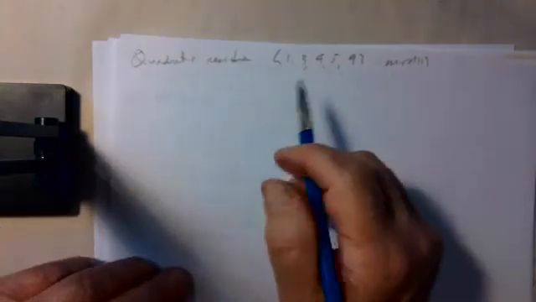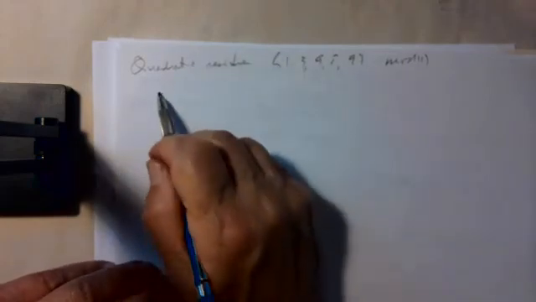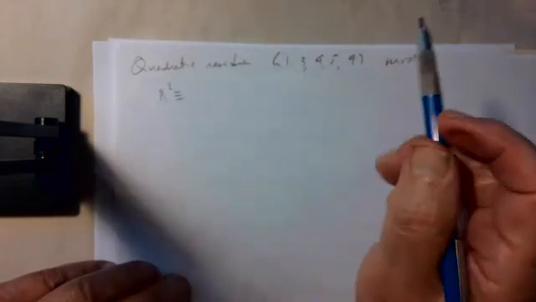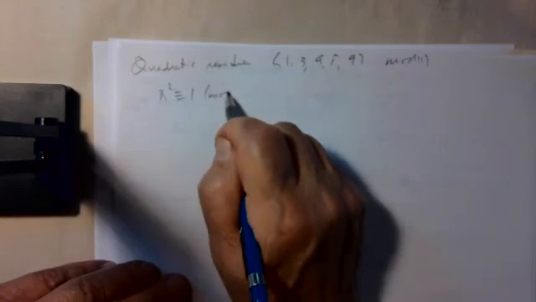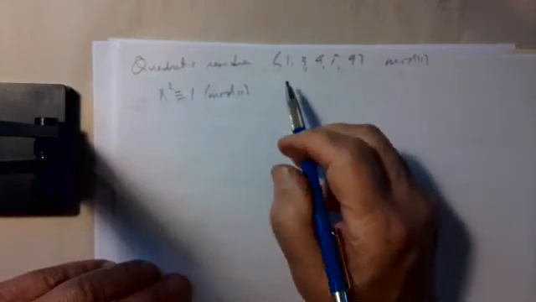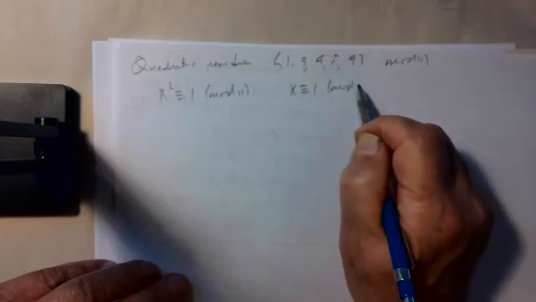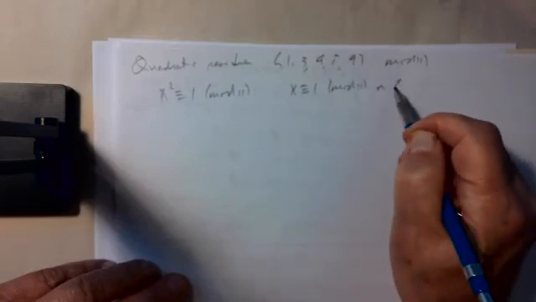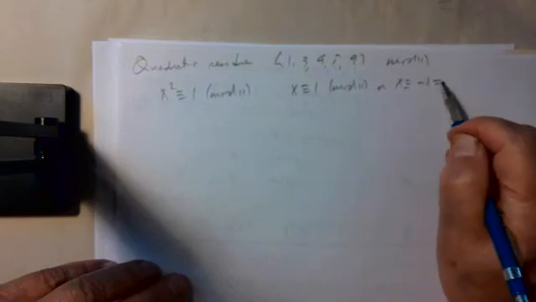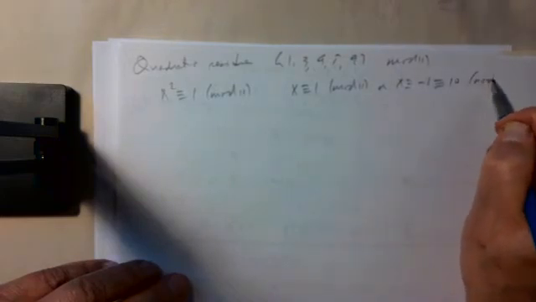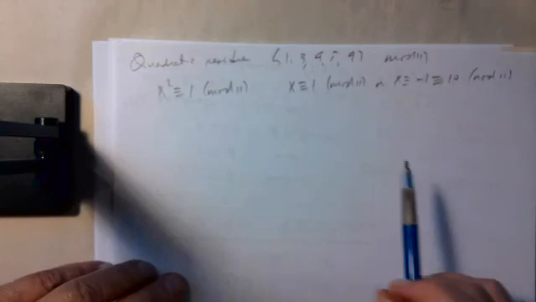So for each of these, we can solve the congruence. For the quadratic residue 1, what are the solutions of x squared congruent to 1 mod 11? Well, you can always use x congruent to 1 mod 11, or x congruent to minus 1, which is the same as 10 mod 11.